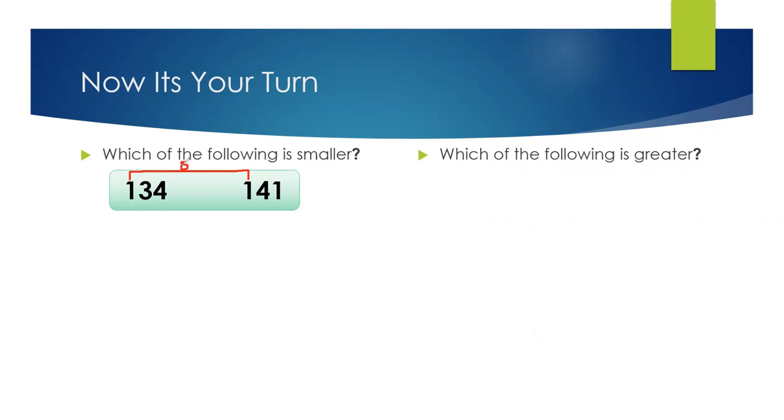Now compare 3 with 4. Oh, 3 and 4 are different. It means we can say that 3 is less than 4. And if 3 is less than 4, then certainly 134 is less than 141.